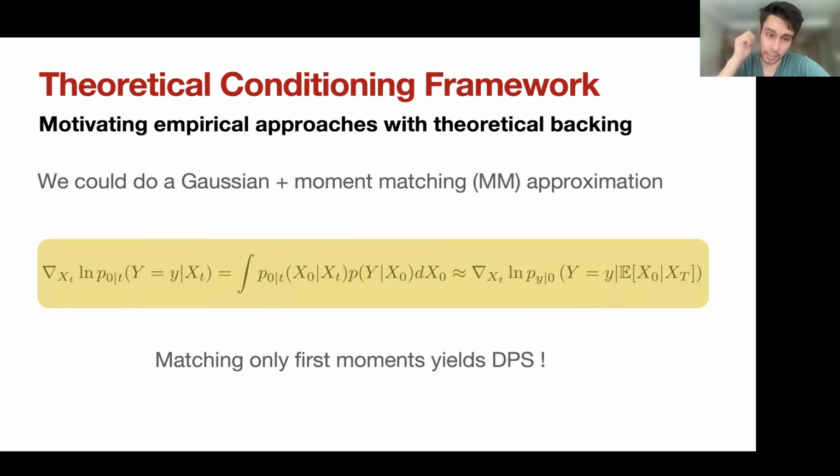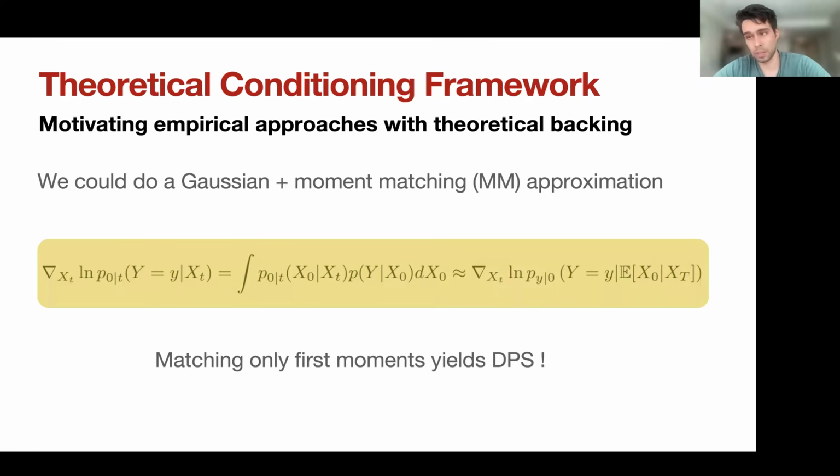Typically, prior work approximates this integral using moment matching on the transition density. What does that mean? It means it approximates this particular transition density with a Gaussian. You need to estimate the mean of x0 given xt, and you just plug that in as the mean of the Gaussian.